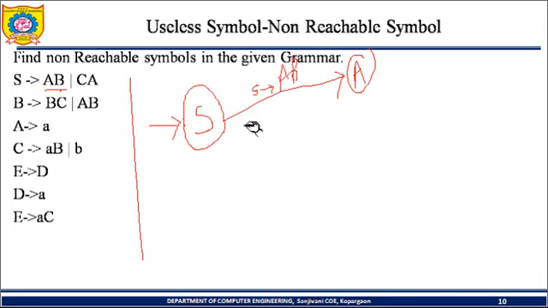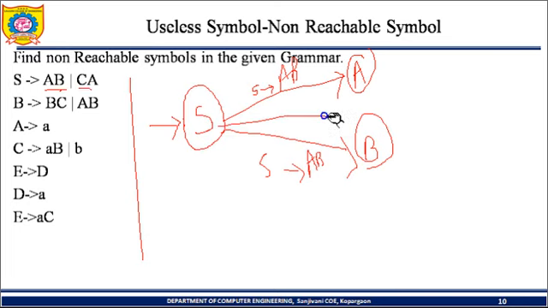After that, there is a path from S to B, as there is the production S tends to AB. Now there is a path up to the C variable, as there is the production S tends to CA, so you need to add that.